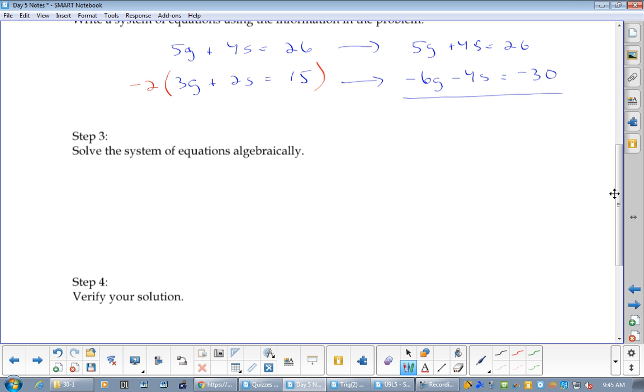Okay, now I will add them together. 5G and -6G is -1G. I can cancel the S terms, equals -4. Divide by -1, G equals 4.